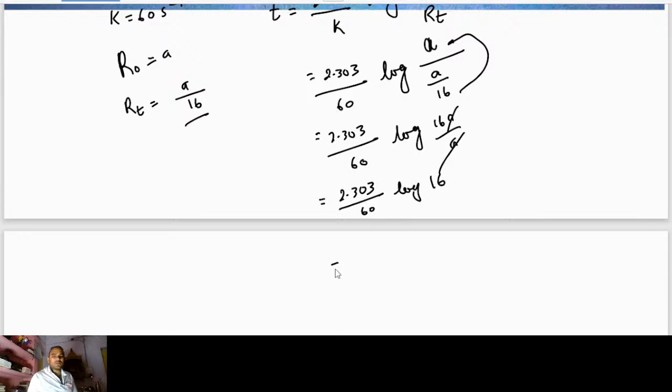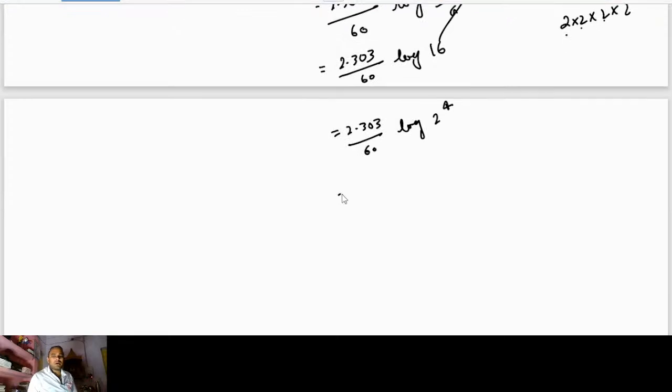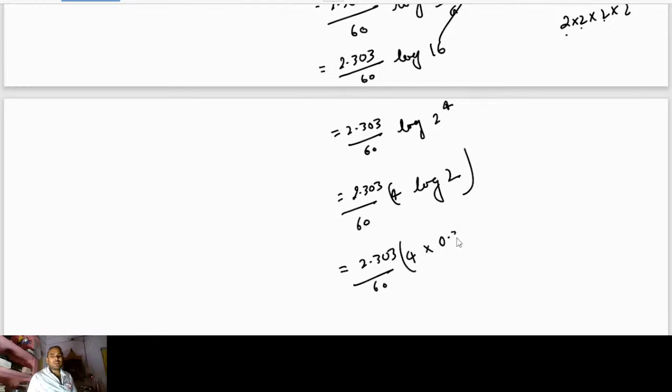What will 16 be, student? 2 into 2 into 2 into 2, 2 to the 4th, so the power will be 4. So it is 2.303 upon 60 and 4 log 2. Log 2 value everybody knows, student, log 2 is 0.3010.